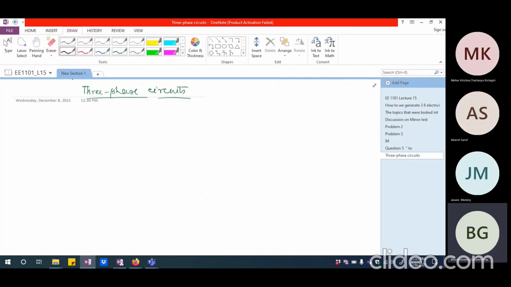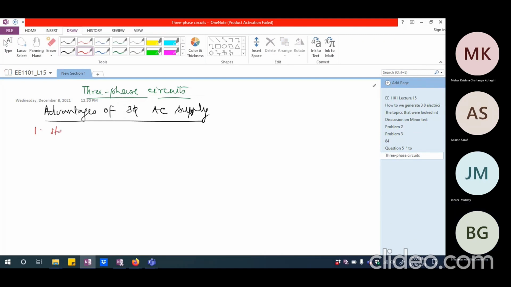We said that the advantages of having a three-phase AC supply is that one is we are going to have a steady torque, steady power. Both will be steady. Steady torque and steady power will be generated in an AC motor if we supply it with three-phase supply.